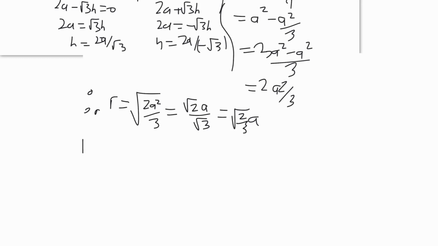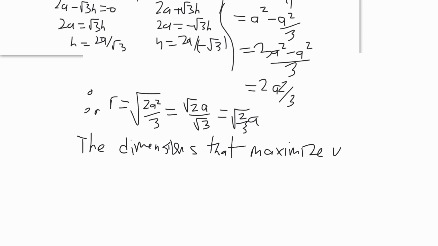The dimensions that maximize volume are h equal to 2a over root 3 and r equal to root 2 over 3a.